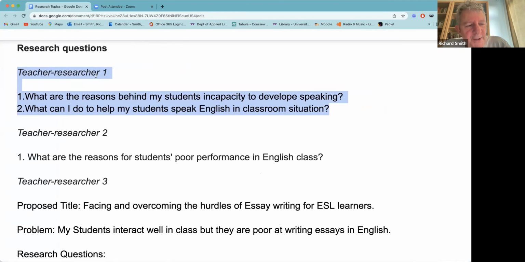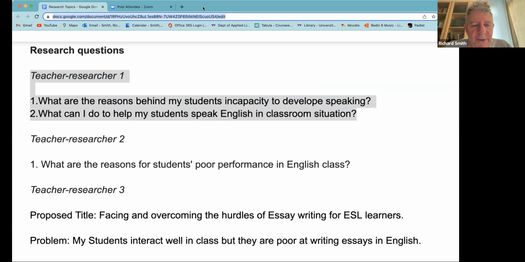I would actually suggest that maybe we need to slightly change the first question to what do students say are their difficulties with speaking in English, and we might think about what kind of situation.